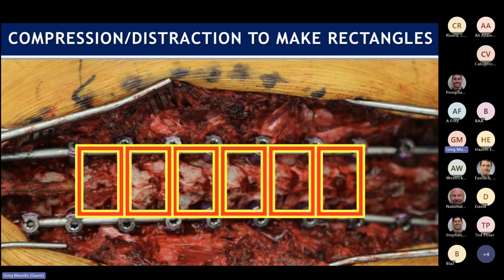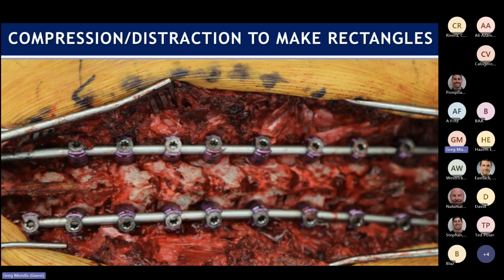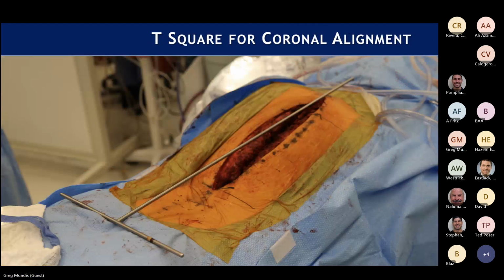That's the idea of what compression distraction does at the end: it just fine tunes the correction a bit. But you can see even here that the spine corrected really nicely. We didn't have to take the ligamentum flavum down at all these levels, and we're able to keep a layer of protection over the spinal cord, which I think is not a bad thing at all.